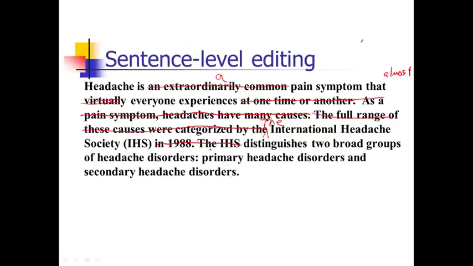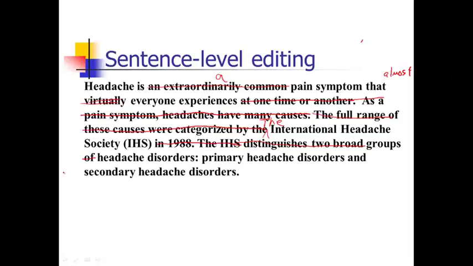And then we get to "distinguishes two broad groups of headaches." I'm going to shorten that a little by just saying "groups." The International Headache Society groups headache disorders into two types based on cause: primary headache disorders and secondary headache disorders.